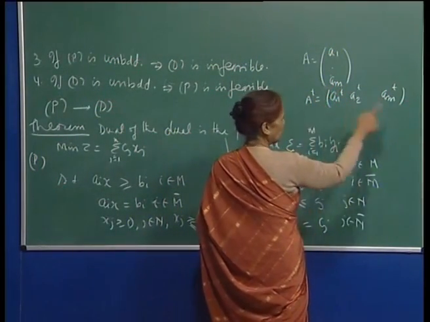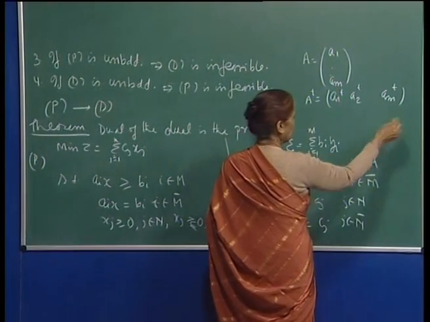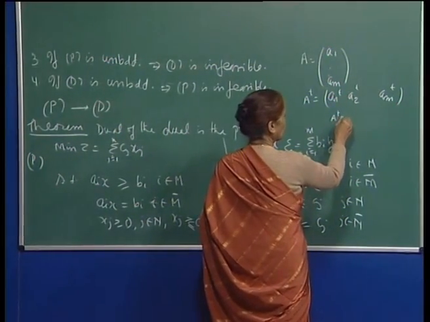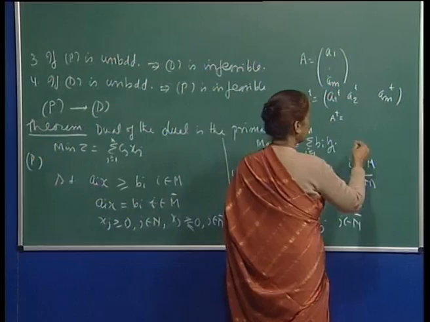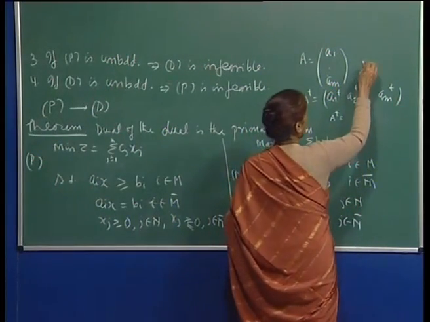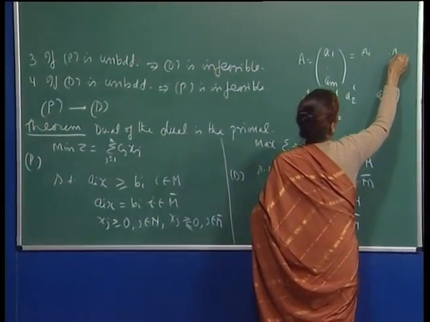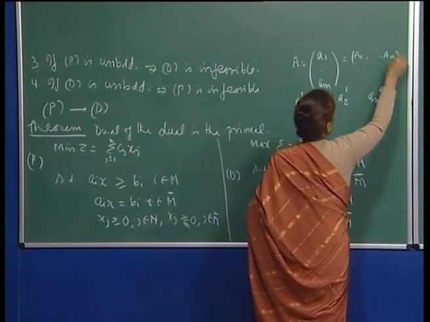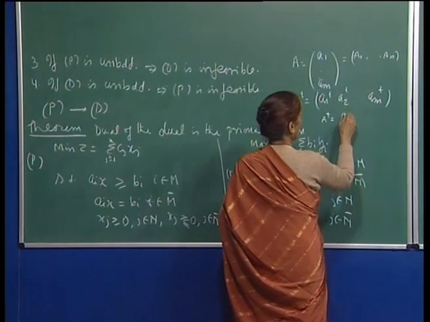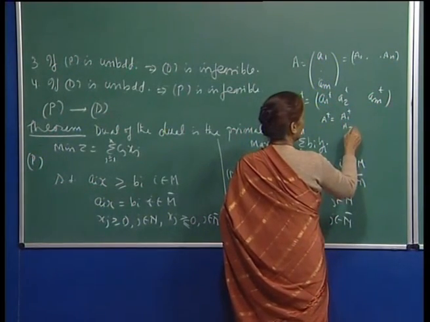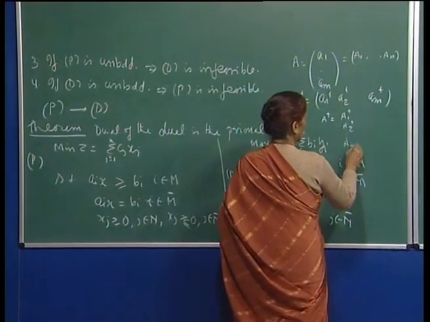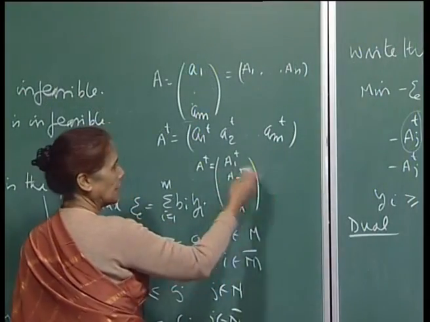So, what I am saying is that for this problem your matrix is actually A transpose. So, for the A transpose matrix, you can also write A as A_1 to A_n, right. So, when you take the transpose, it will become A_1 transpose, A_2 transpose, A_n transpose, and that is what is happening.